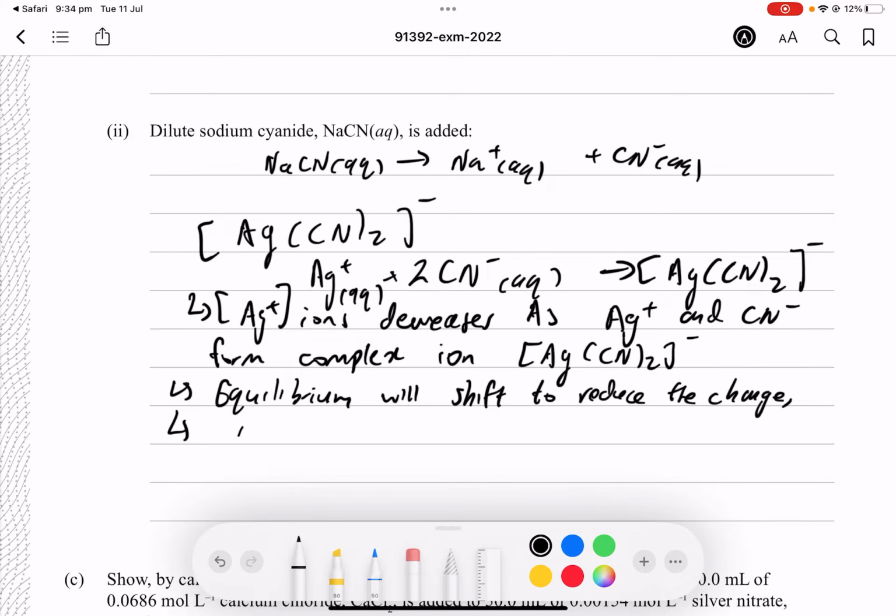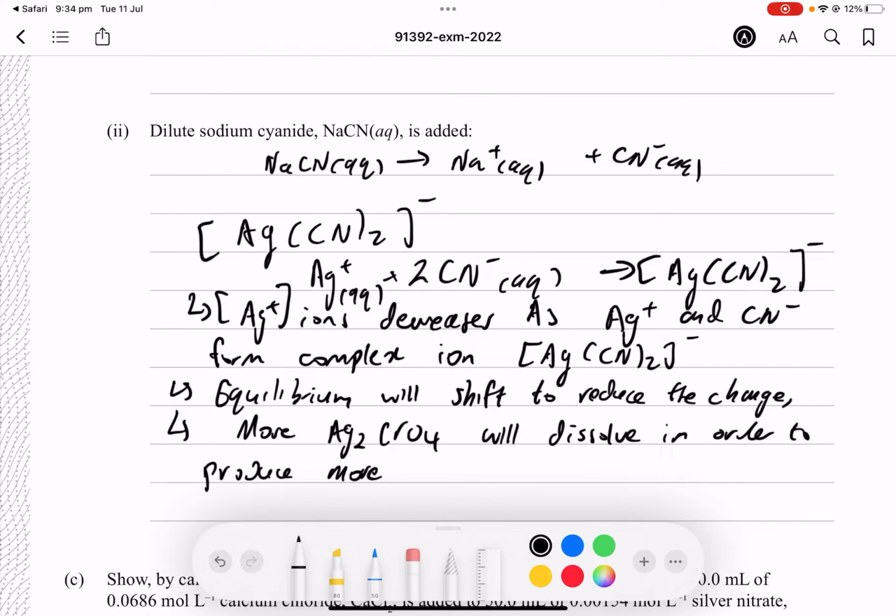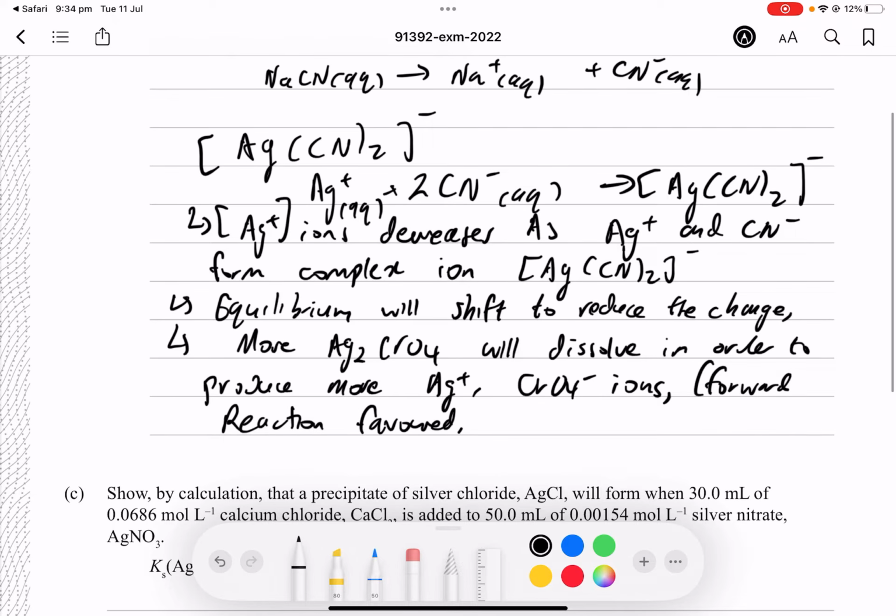So more Ag2CrO4 will dissolve to form more Ag+ ions to replace some of those that have been reacted. So it produces more Ag+ and CrO4 2- ions. So the forward reaction is favored. And finally, we can say solubility increases.